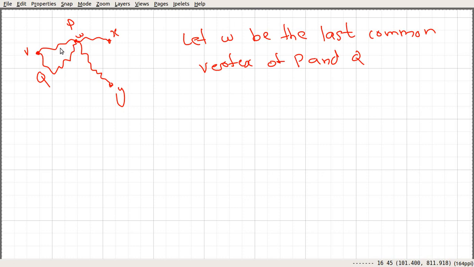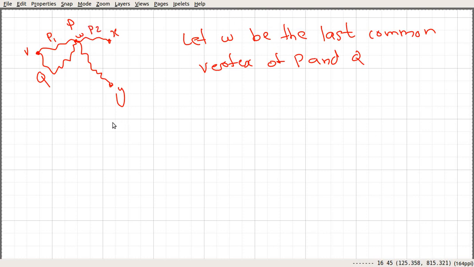If there is more than one common vertex between P and Q, we choose the last common vertex of P and Q. Okay, so the situation will be something like this. Let me partition or divide this path into two subpaths, say P1 and P2.